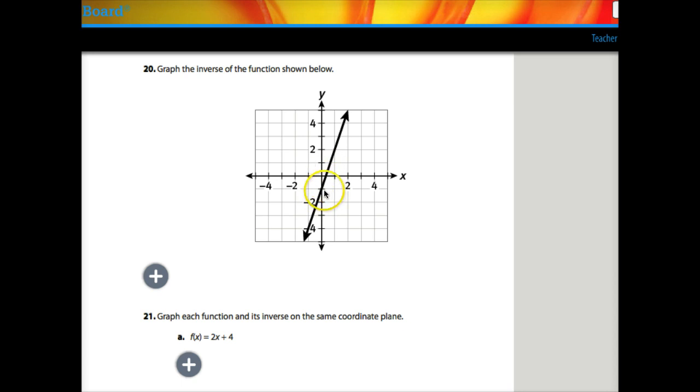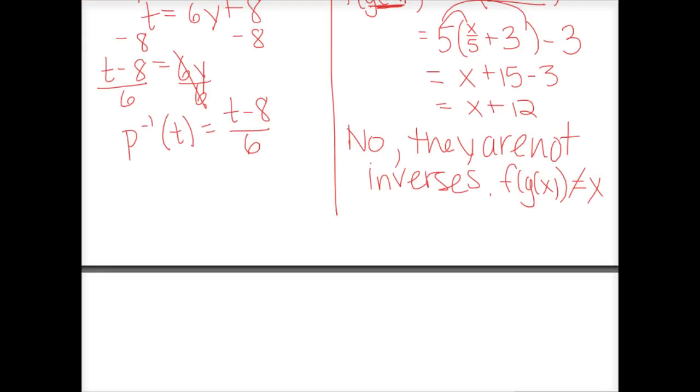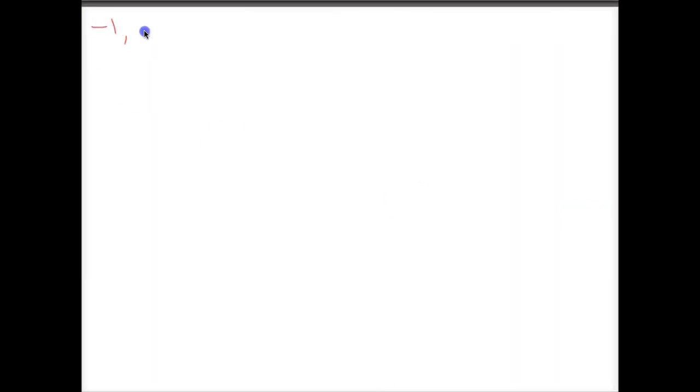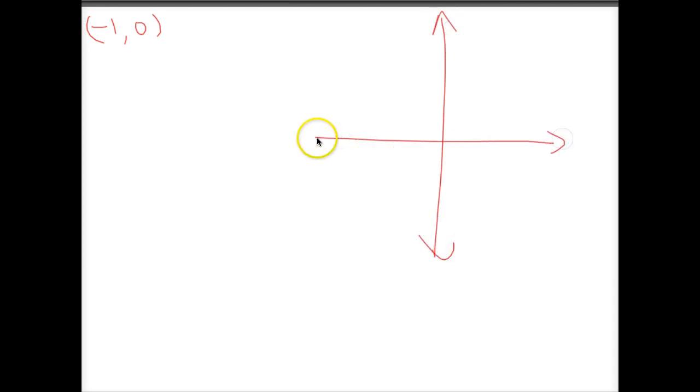So if I see a point at 0, -1, that means that on my inverse, I should see a point at -1, 0. So right now, I'm just going to record some points, and then we'll graph them once we have a more complete looking list, because again, we have to have the whole thing.